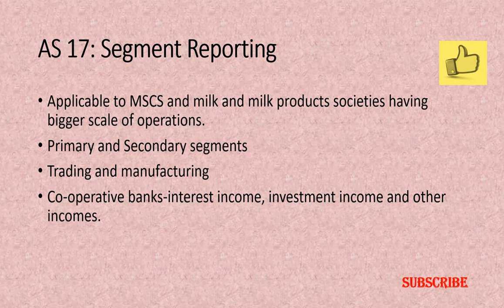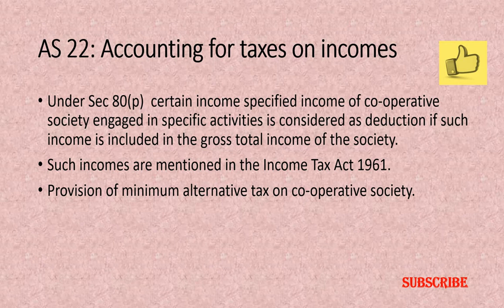Then the next one comes here, AS 22, that is accounting for taxes. This standard relates to the accounting treatment for taxes on income of the cooperative societies. Under Section 80P, certain incomes specified in the case of a cooperative society engaged in specific activities are considered as deductions if such income is included in the gross total income of the society.